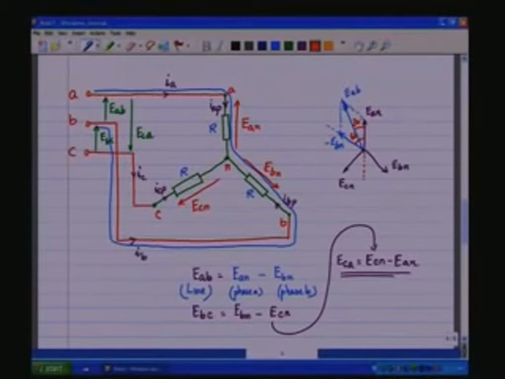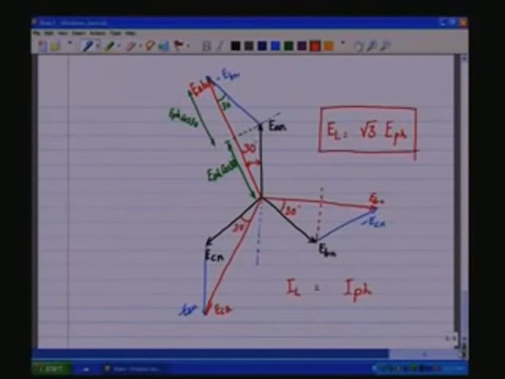IC, the line current, is the same current that flows through the phase circuit, and so also IB. So, the line current and the phase currents are the same in the case of star connected circuits. So, in the case of the star circuits, these two are the important relationships that you have to remember between the line side parameters and the phase side parameters, between the line voltages and currents and the phase voltages and currents.